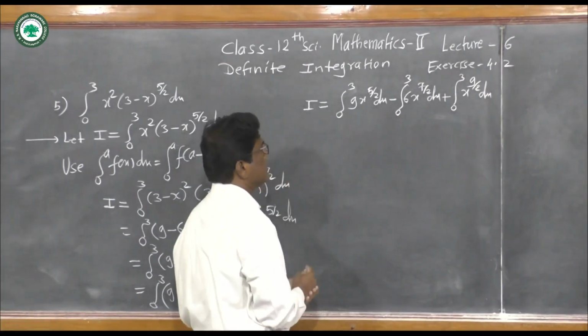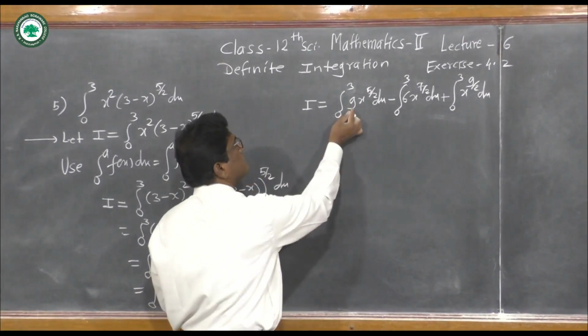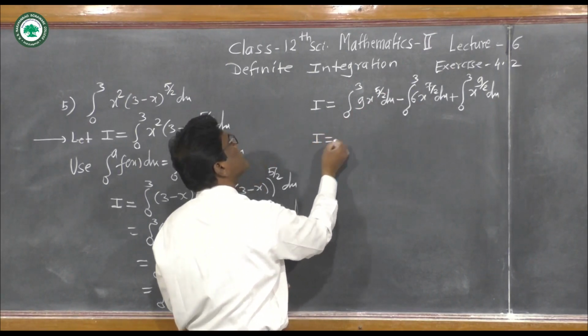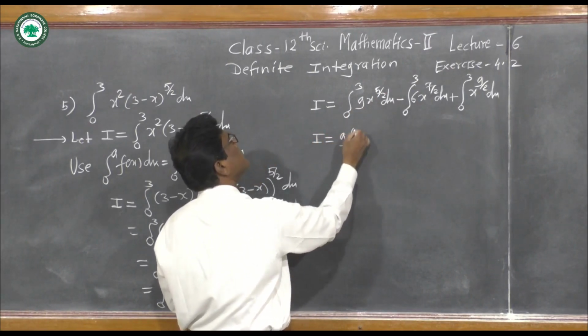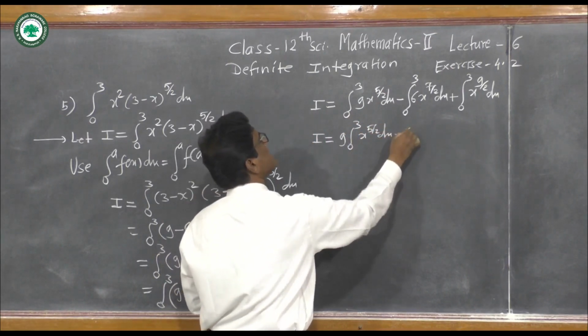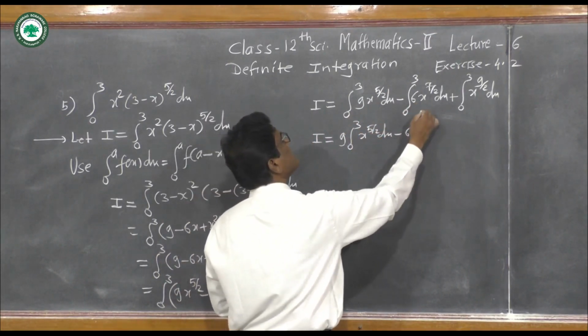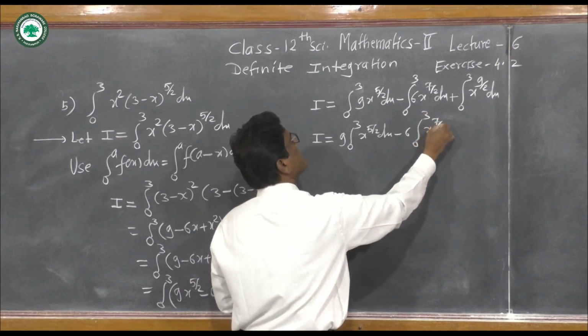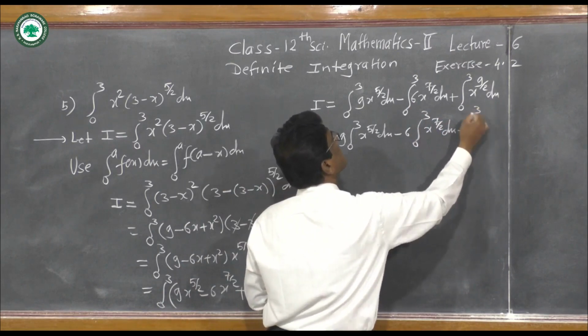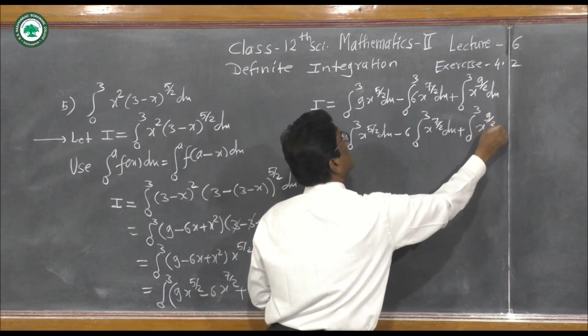Now take integration. Before taking integration, take this constant outside the integral. So I is equal to 9 into integration 0 to 3 x to the power 5 by 2 dx minus 6 into integration 0 to 3 x to the power 7 by 2 dx plus integration 0 to 3 x to the power 9 by 2 dx.